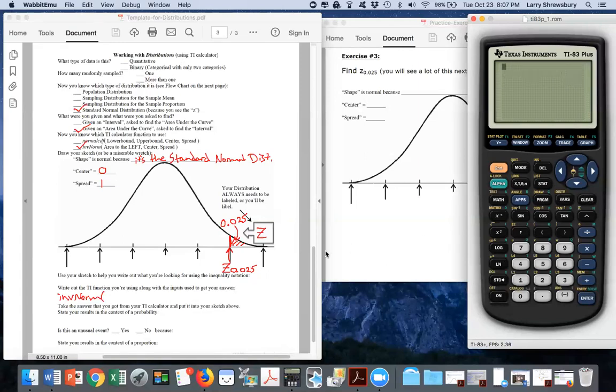Now, I certainly hope it's clear to you that since the area under the curve represents the proportion of the population or distribution, that area would have to add up to 100%. And what does 100% look like in decimal format? 1.00. So from 1, subtract the 0.025. And you know what would have to be on the left, because this plus this would have to add up to 1.